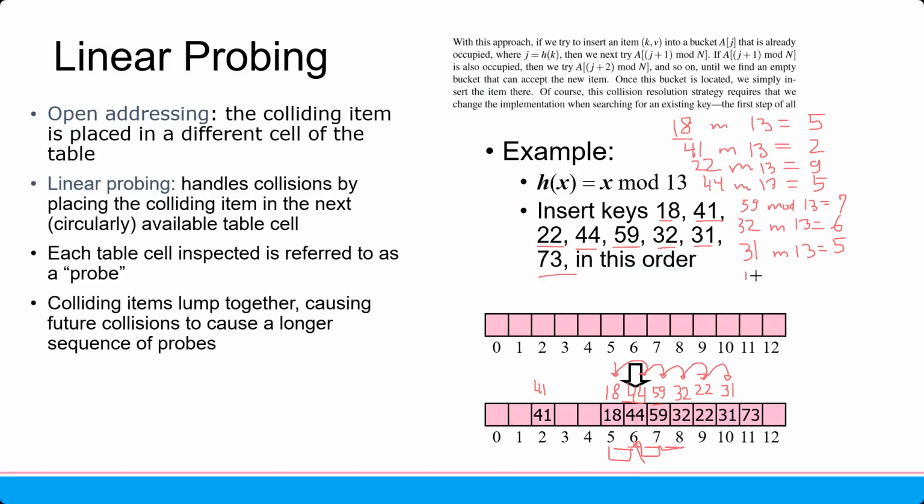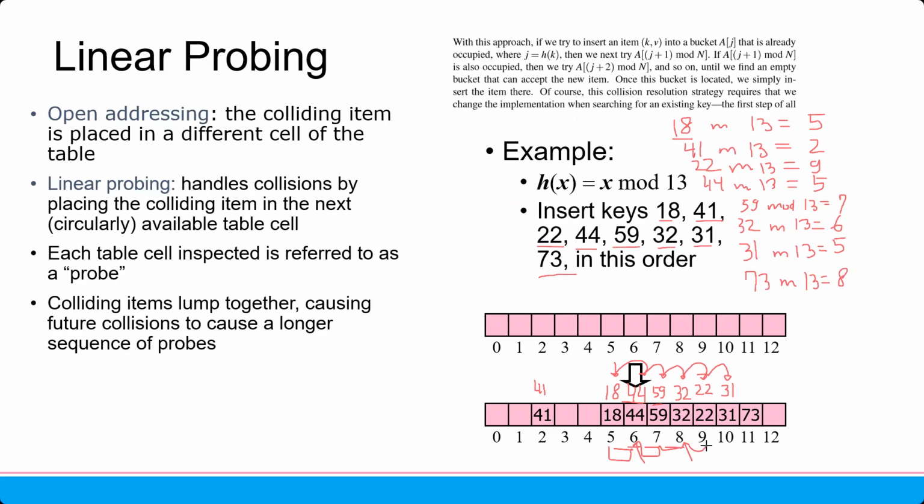73. 73 mod 13. The result is 8. Okay, so we have 8, and 8 is not empty.